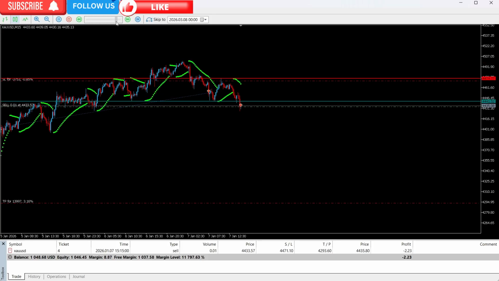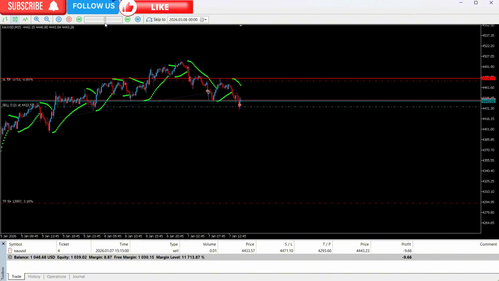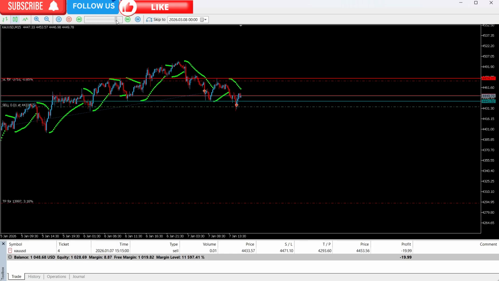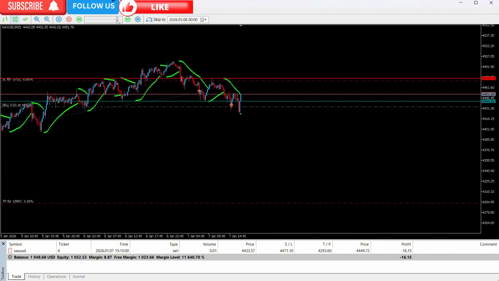Okay, so let's see downside. So on the downside now, we've got a breakout to the downside. Now you'll see, I think this one we get stopped at.